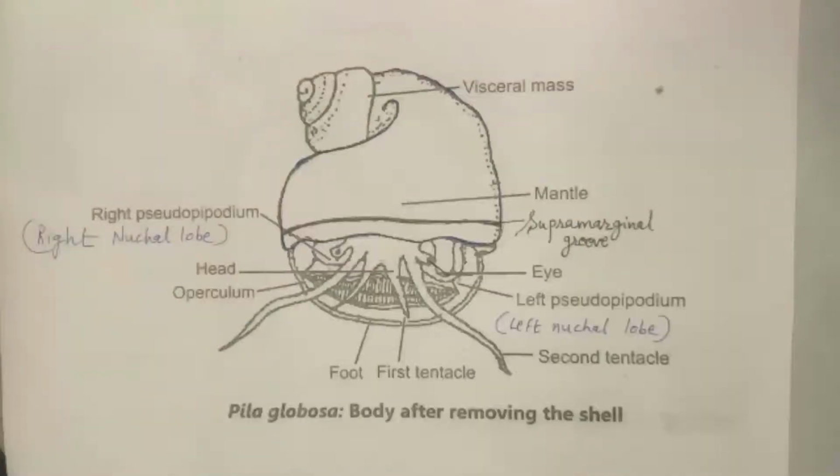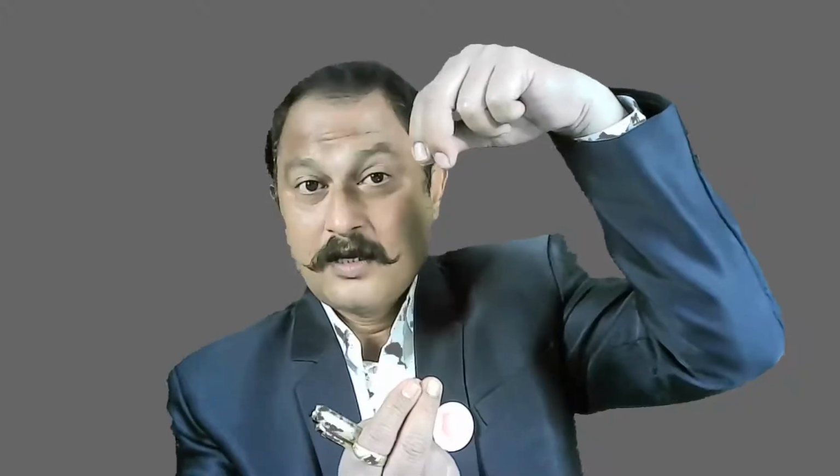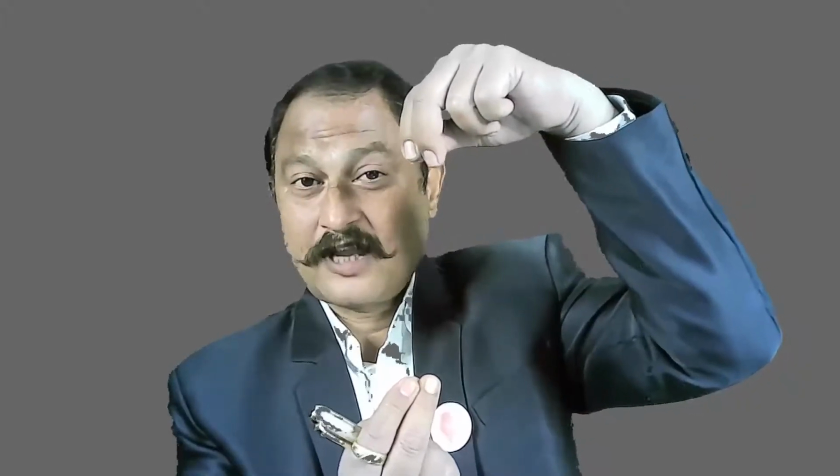But what happens actually? Suppose I take this position. This is the head part. This is the anus part. What happens during the torsion? This head part rotates by 180 degrees. Listen, this head part rotated 180 degrees in the opposite direction only.